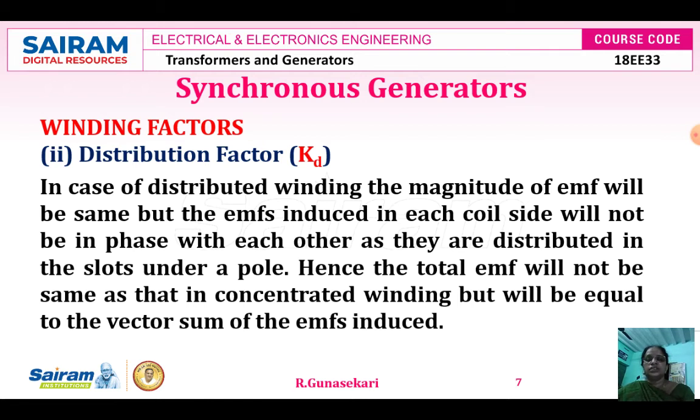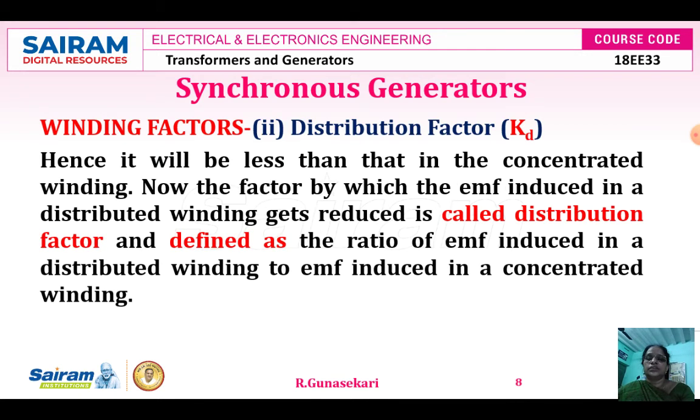So here we are taking distributed winding and concentrated winding. For the pitch factor, we took full pitched winding and short pitched winding. To derive the expression for the distribution factor, we take distributed winding and concentrated winding. The EMF will be less than that in the concentrated winding. The factor by which the EMF induced in a distributed winding gets reduced is called the distribution factor.